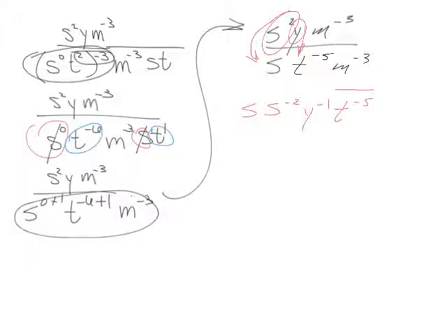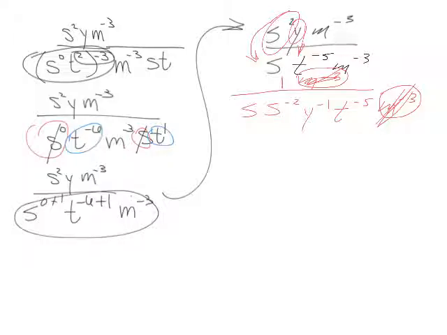And one of the things that's real interesting here, I'll just put the m to the negative 3 up here and the m to the negative 3 here. Now, remember, any number over itself is 1. So I can get rid of that and that and put a 1 up here, because m to the negative 3 over m to the negative 3 is going to be 1.